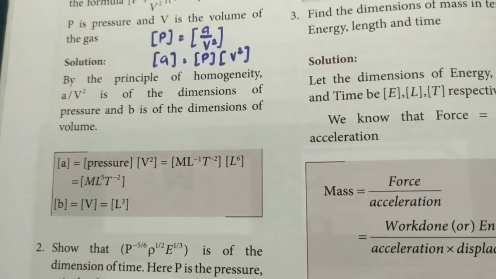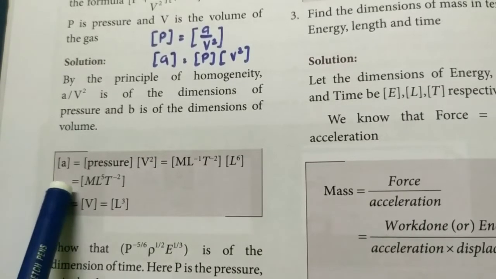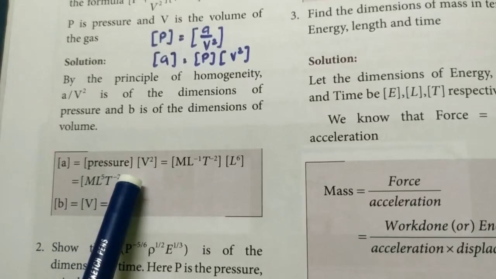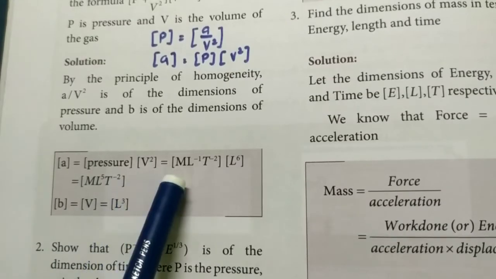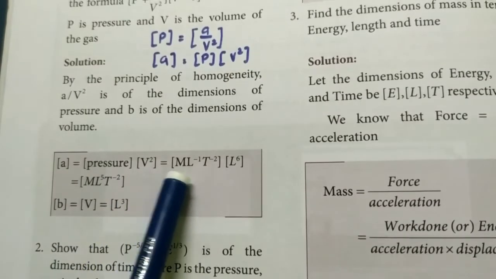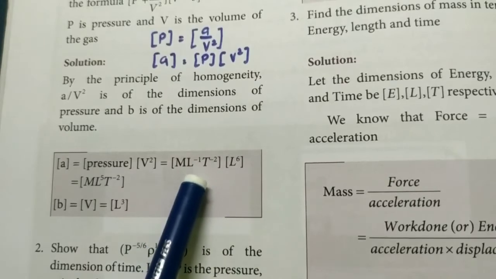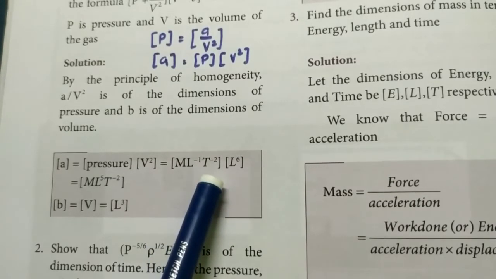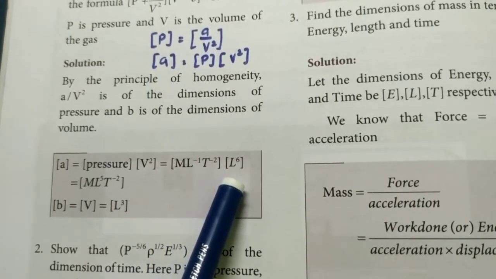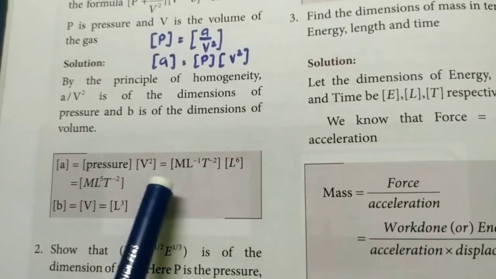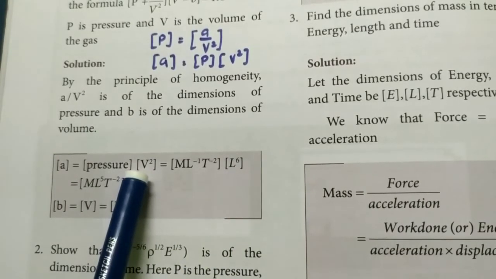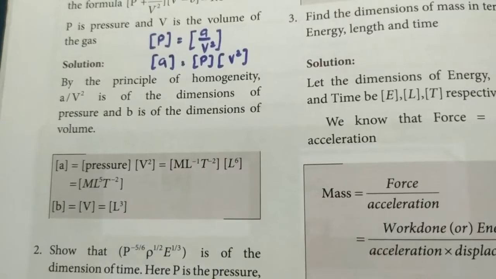So dimension of a is pressure into V^2, which equals the pressure dimension M L^-1 T^-2 into L^6, where V is volume and has the dimension of L^3.